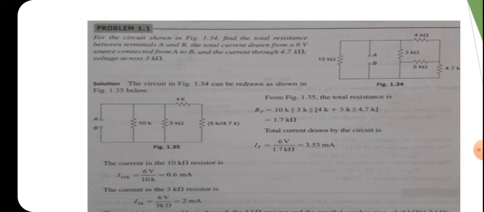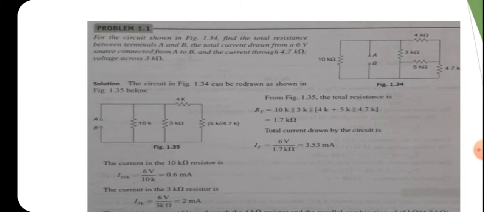In the question it is shown that the 5 kilo ohm resistor is connected in parallel with the 4.7 kilo ohm. You can easily find it out. So these two resistors can be represented by a single resistor whose value is 5 kilo ohm parallel to 4.7 kilo ohm.